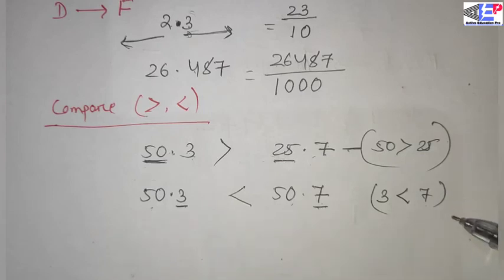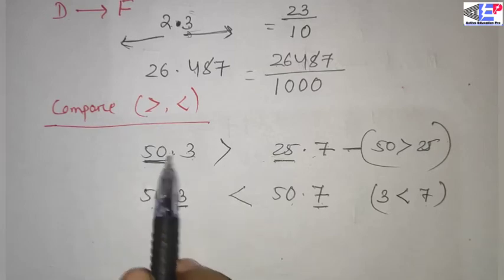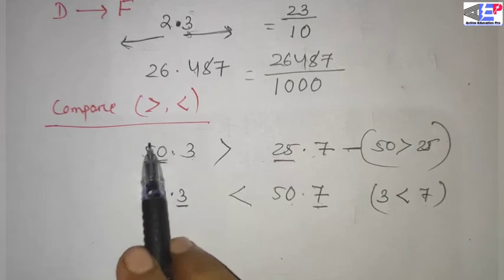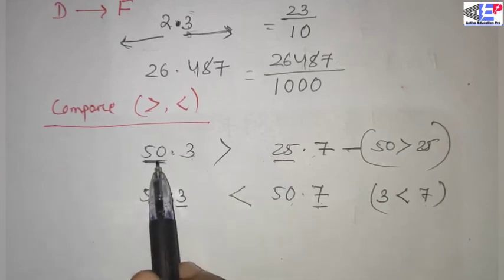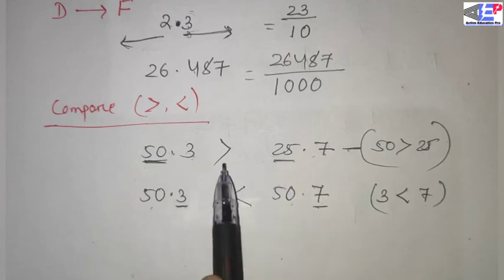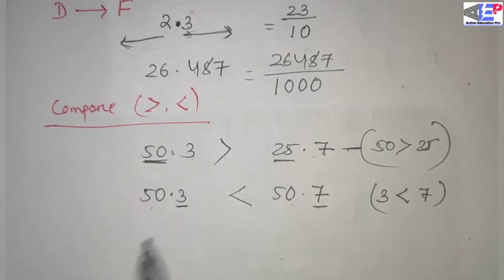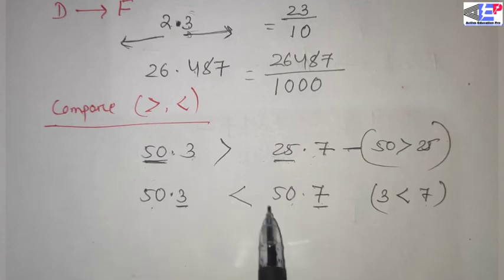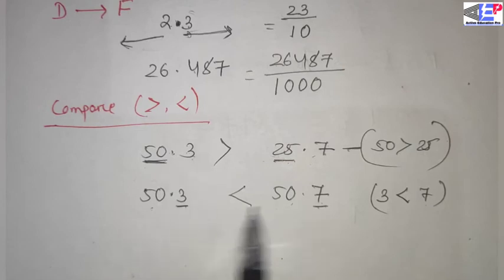Look at these two cases. The difference between them: in the first case the whole number part, the left side of the decimal point, differs. By looking at the left side numbers, we found which number is greater or smaller. In the second case, both numbers carry an equal whole number part, 50 and 50, and both have something extra, something more than 50.